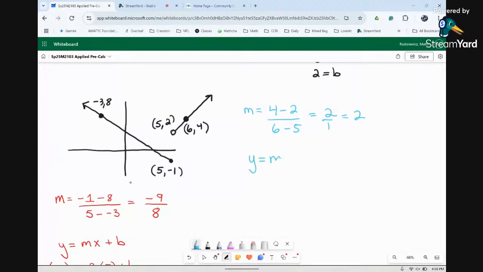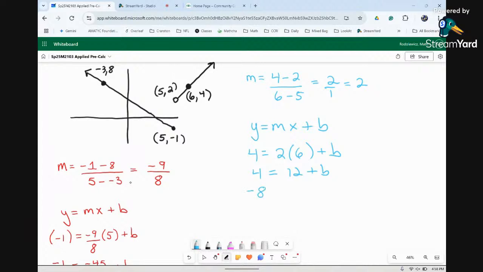y equals mx plus b. Sub in a point on the line. I'm going to choose 6, 4. Subtracting 12 makes -8 for b.